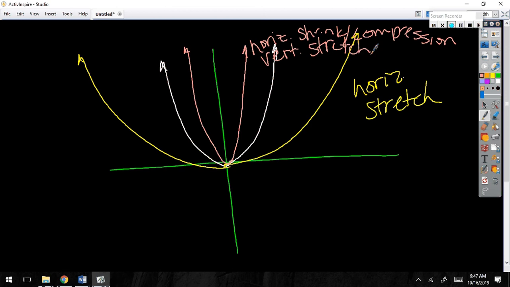Think about if those axes were rubber bands and you could just stretch it out, it would make that graph get skinnier, right? So a horizontal shrink and a vertical stretch are the same thing, all right? Now look at the other. What would a horizontal stretch be vertically? They're opposites, right? So this is the same thing as a vertical shrink or a vertical compression.